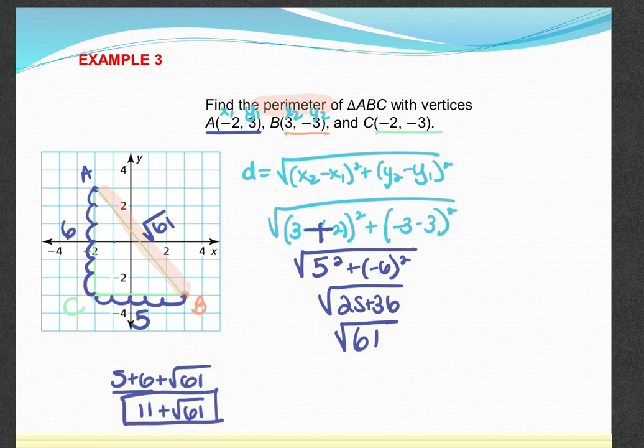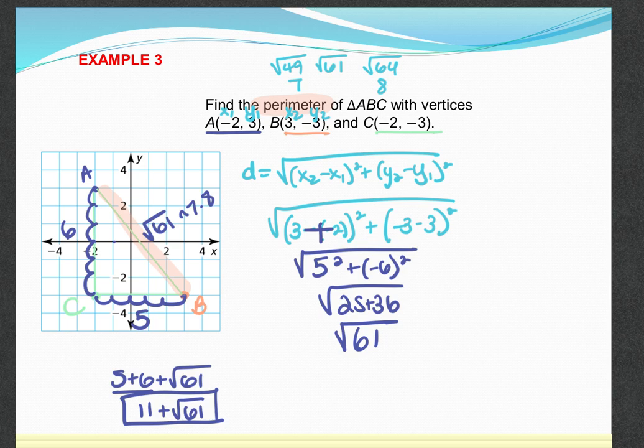If I had a calculator to approximate the square root of 61, I would just simply type 61 in and then square root it, and I'd get 7.8. If I didn't have either of those things and it wanted you to find the approximation of square root 61, I would know square root 61 is in between square root 49 and square root 64, which means it's between 7 and 8.